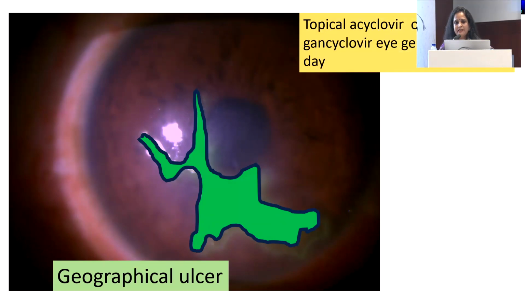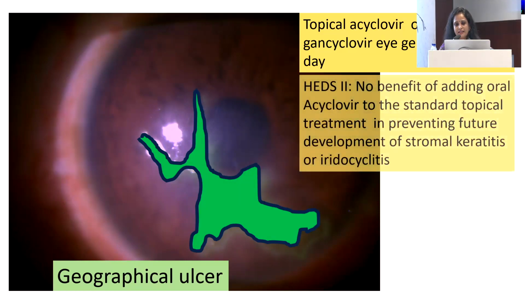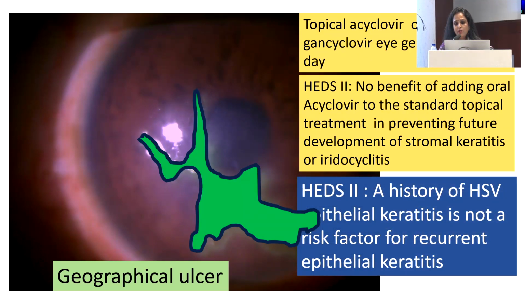These patients are again treated with topical antivirals 5 times per day until the ulcer heals. At this stage, the HEDS study has shown that there is no benefit of adding oral acyclovir to the standard topical treatment to prevent future development of stromal keratitis. Also, a history of HSV epithelial keratitis is not a risk factor for recurrent epithelial keratitis.